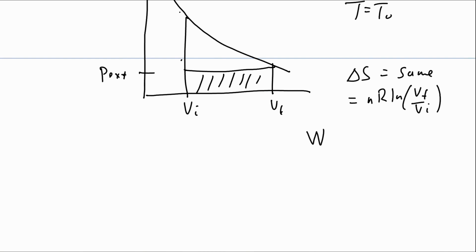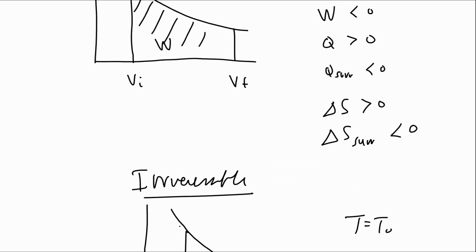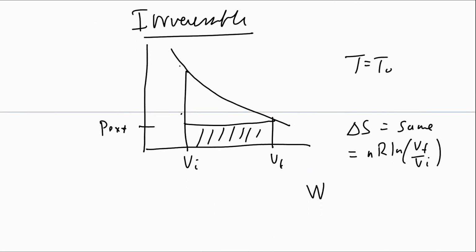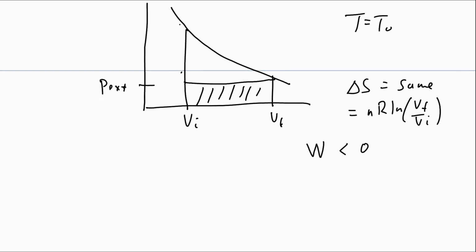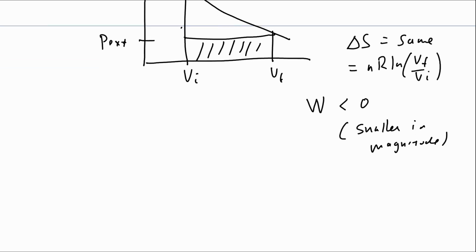But the work is still less than 0, but it's smaller in magnitude, right? And so Q is greater than 0, but smaller in magnitude.